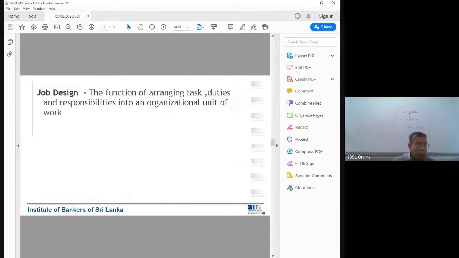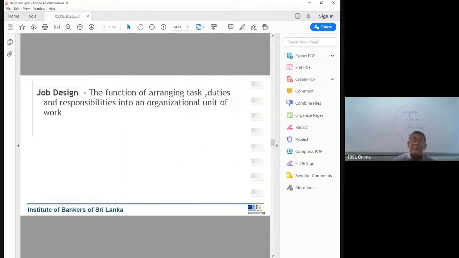Jobs are basic building blocks of an organization. Think of the small pieces you assemble. Take a puzzle: you break it into pieces, and once you complete all the small blocks, only then is the puzzle complete.